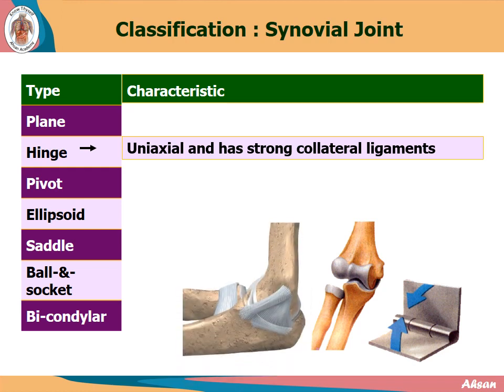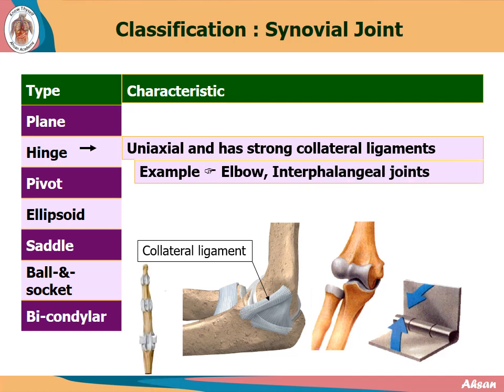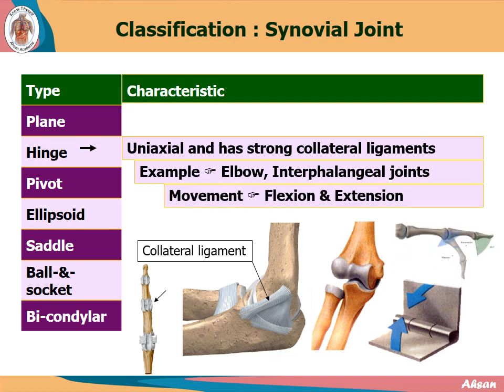You see this elbow joint, this is the collateral ligament that prevents lateral movement, but only anteroposterior movement is possible. So it is moving around one axis. The elbow joint is of this hinge variety. The interphalangeal joint is also a hinge variety. Movements possible here are flexion and extension.